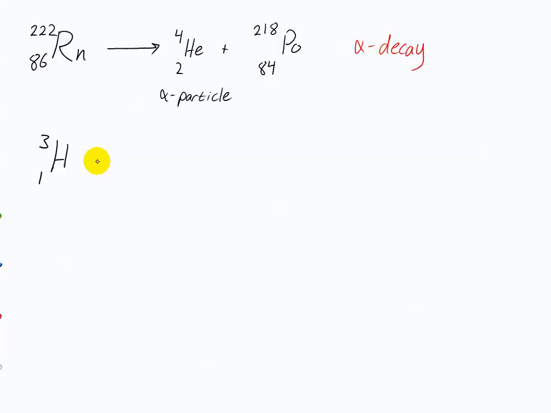And what this will do is decay to produce a beta particle. Now, a beta particle is an electron. So we draw an electron like that. It has a -1 charge and no protons or neutrons or anything. And this is known as a beta particle.